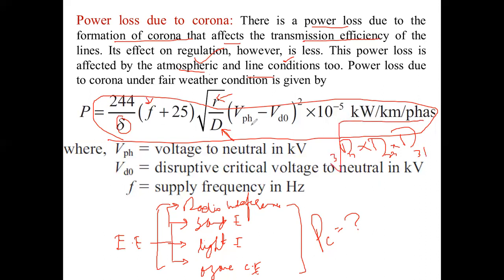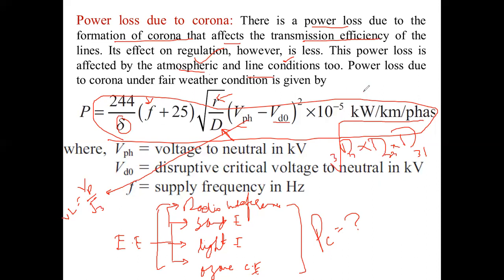V phase is the phase value, not the line value. If the line value is given, we have to convert it into the phase value by dividing by root 3, so Vp = VL over root 3. And Vd0 is the critical disruptive voltage for the audible corona.